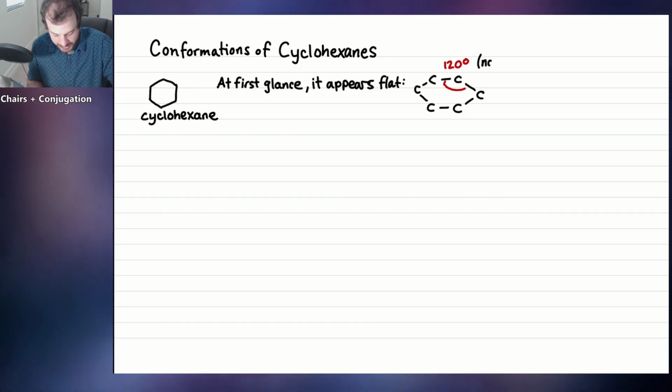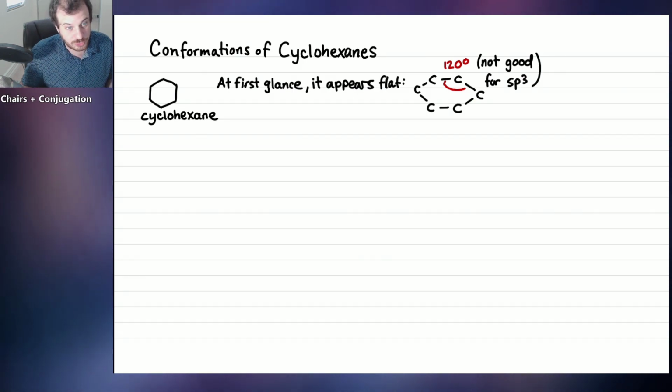So 120 degrees, not good for sp3. The angle's too big. So to ensure a perfect 109.5 degree angle, like every sp3 carbon wants, cyclohexane puckers.